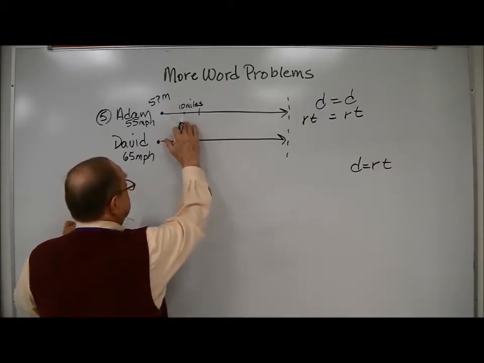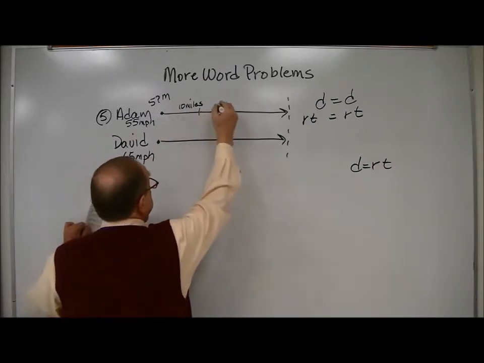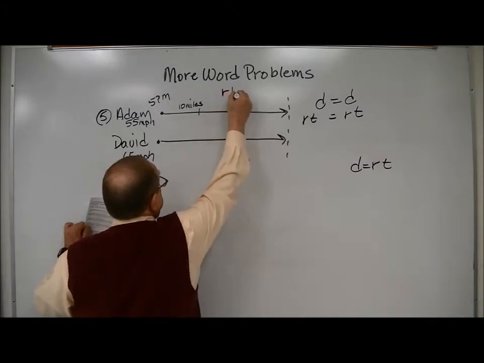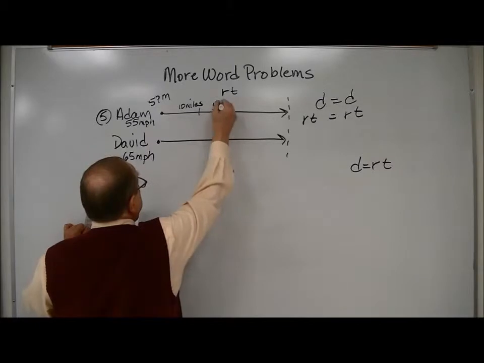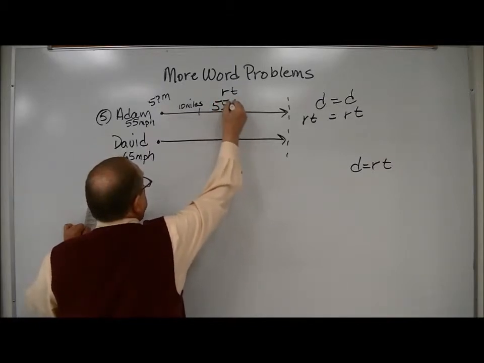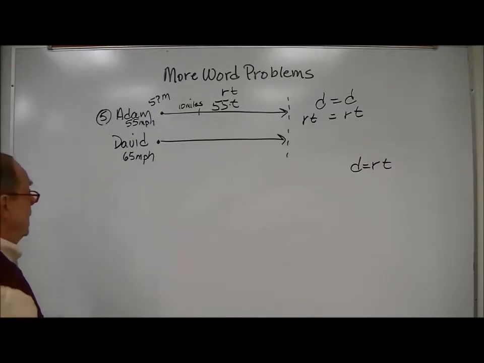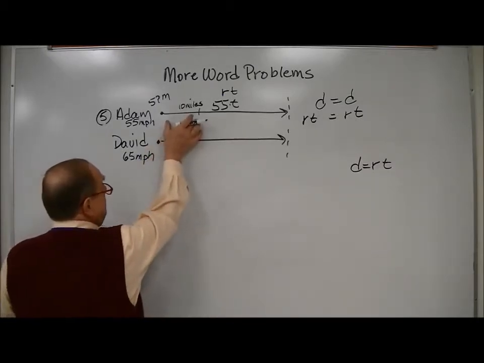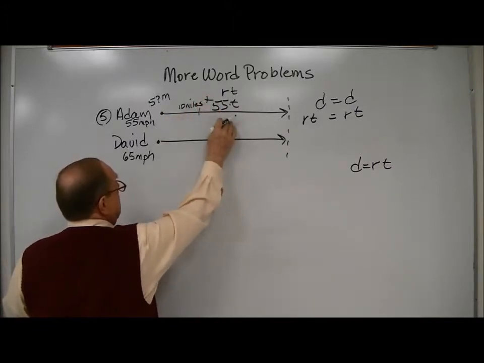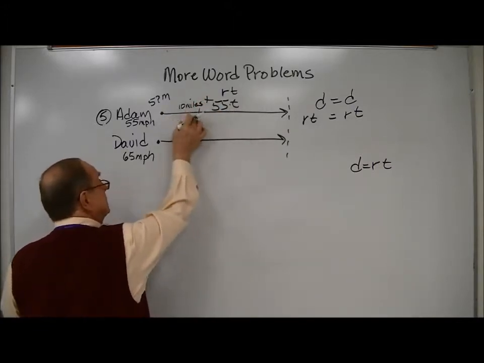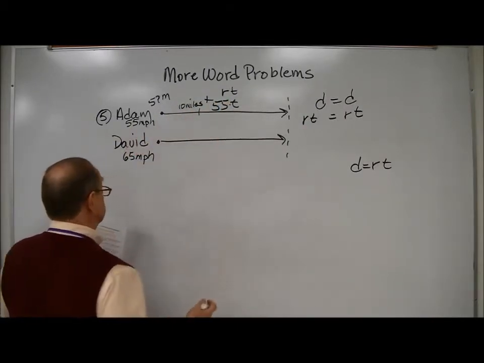Well, this distance is going to be the 10 miles plus his rate times time, which we know is 55 miles per hour. And we have to remember we have this extra distance here, so we're going to have to add these two, because this is distance and this is distance. And we're saying this distance equals this distance.